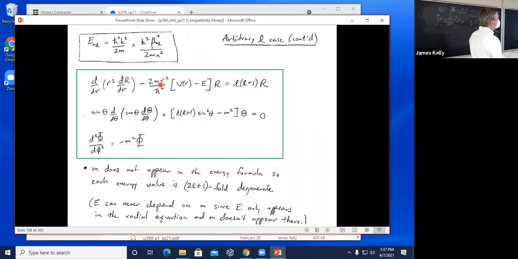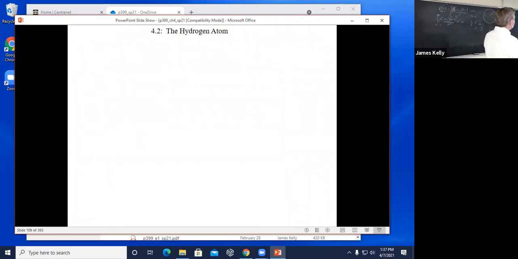And though an M appears there, that's the mass of the particle; the integer m doesn't appear here. So E can never depend on m when we separate variables in this way. Of course, that's under the assumption that V is just a function of r. Things wouldn't have separated out in the same way if V were legitimately a function of r, theta, and phi.